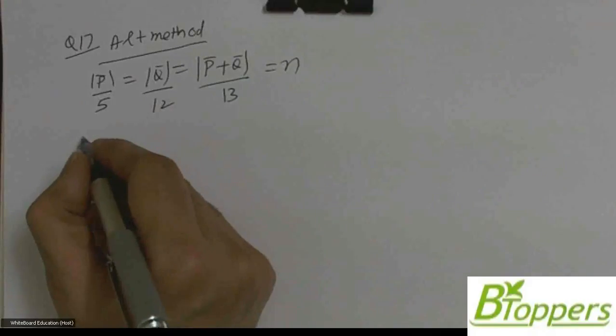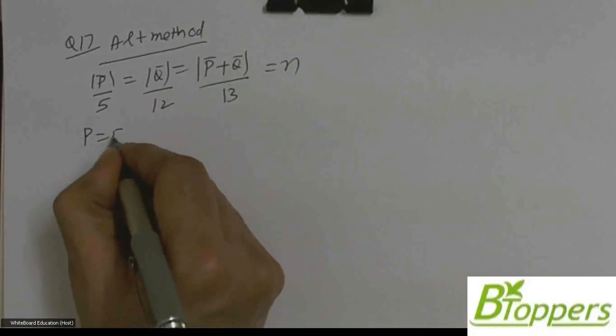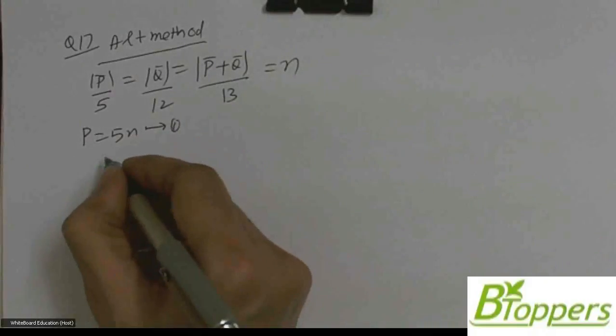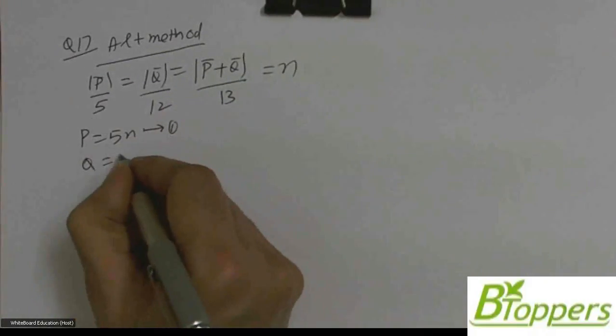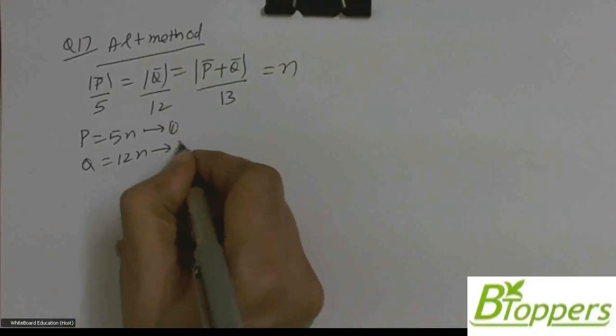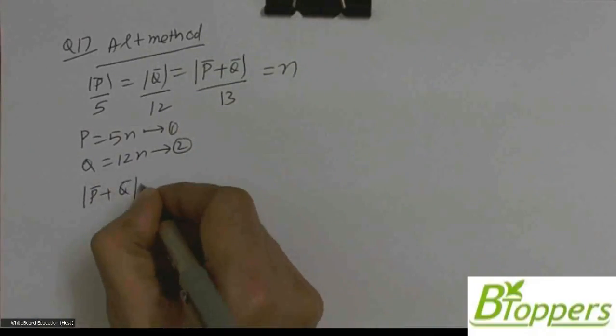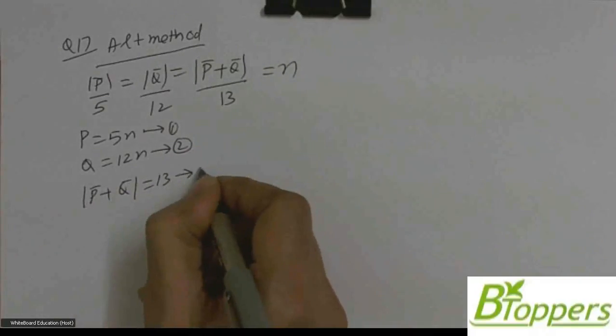As we have discussed in the previous method, here you can write p equal to 5n, q equal to 12n, and magnitude of the resultant of p bar and q bar equal to 13n.